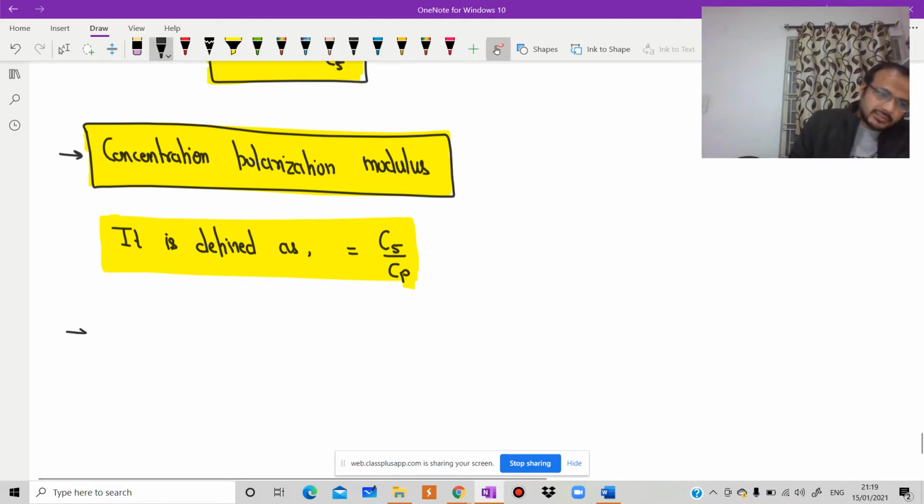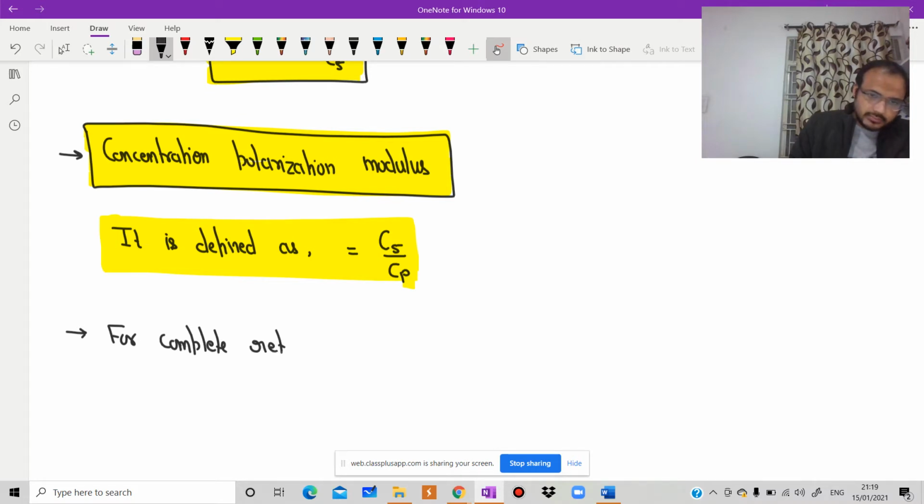For complete retention, the value of R prime is equal to 1.